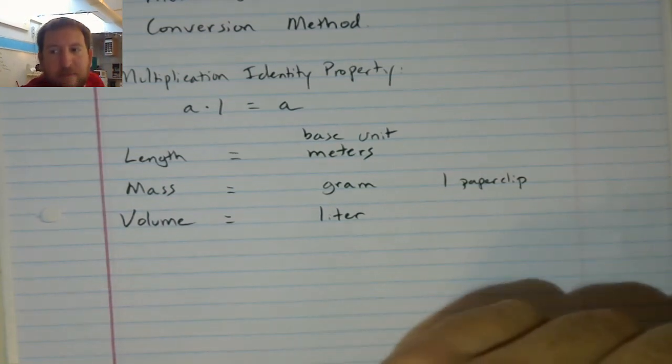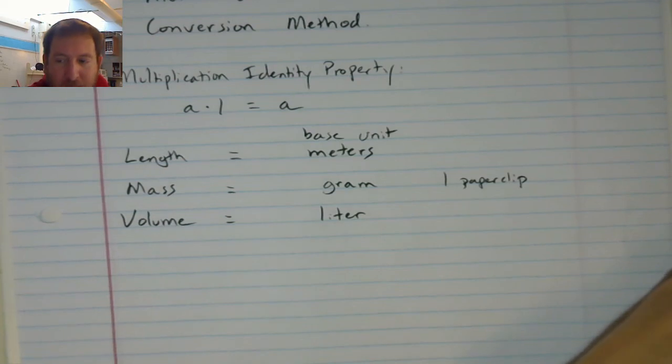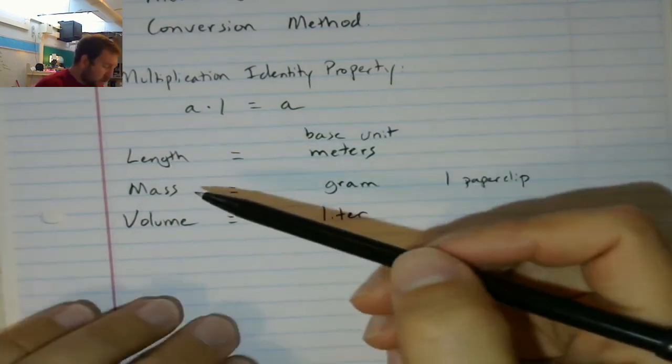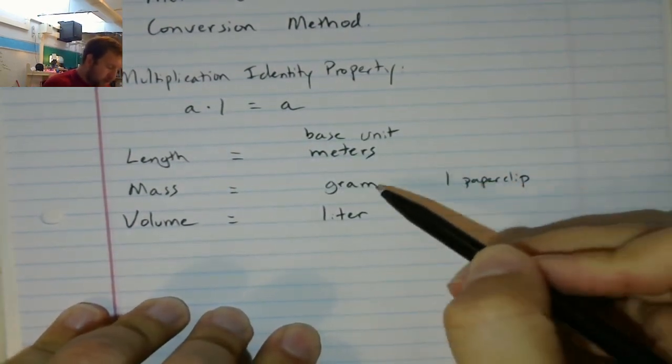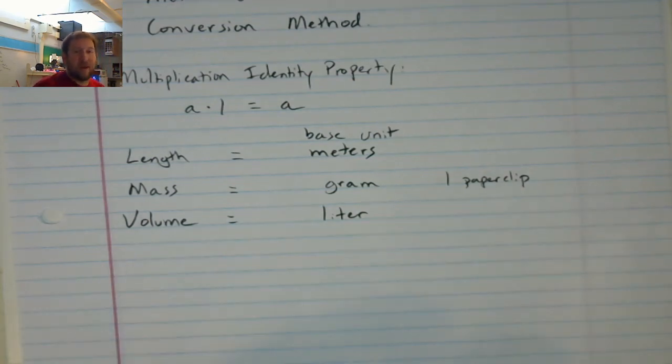Oh, actually, I have one right here. This is a little bit larger. This is 1.25 liter, so a little bit shorter than this. But the idea is kind of the same. It's like one of those smaller soda cans is a good way to think of it. Okay, so these are going to be our base units. We have our meters, we have grams, and we have liters. And this is going to be kind of the key for everything else.